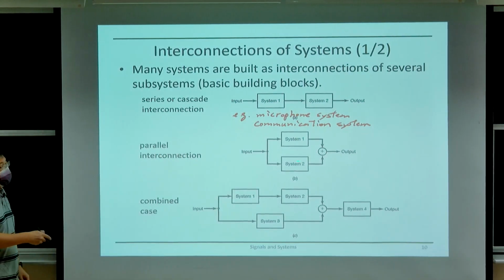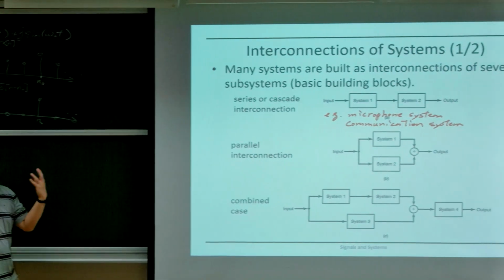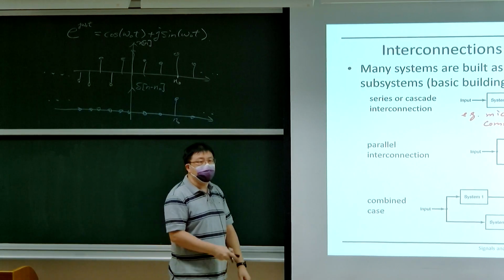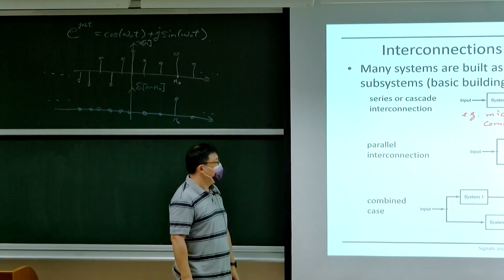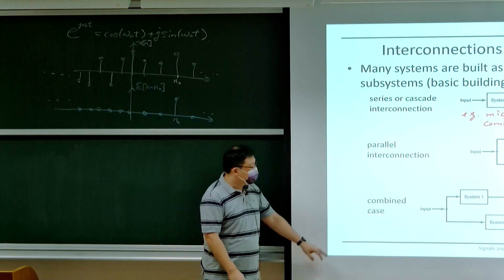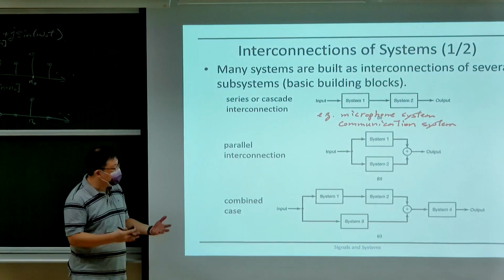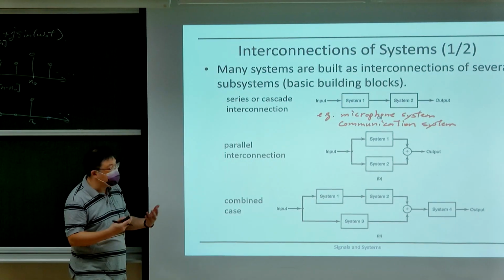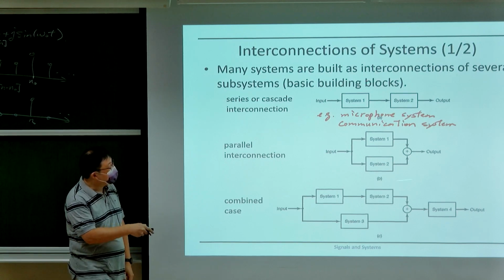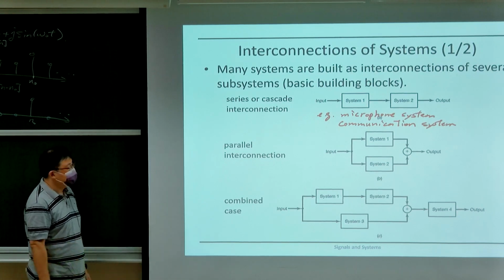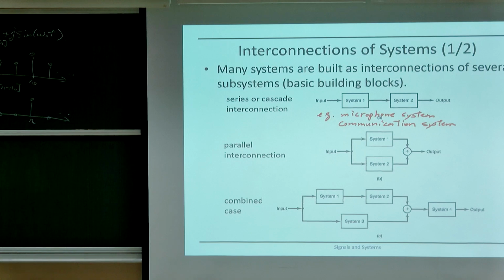So this could probably help you construct a stereo effect in the final recording, okay? And in general, a system can be much more complicated, so you probably have to have different combinations of these interconnections, okay?